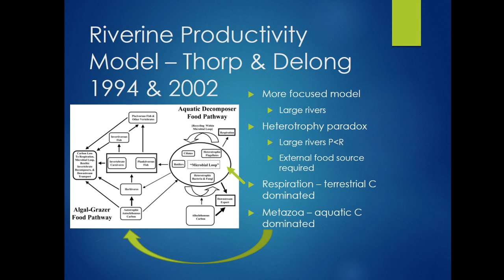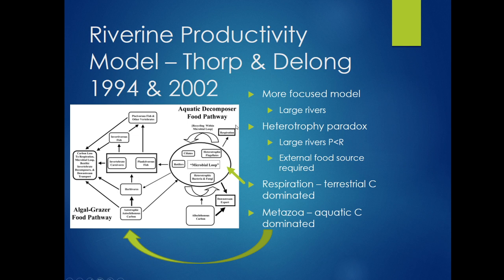I'll link those words in the description, or see the description for a definition of those words and how to spell them. Autochthonous means in-stream production, and allochthonous means out-of-stream production. So what we generally see is a whole lot of terrestrially derived carbon, and what I mean by that is leaves, wood, dead things that get washed from the terrestrial system into the stream.